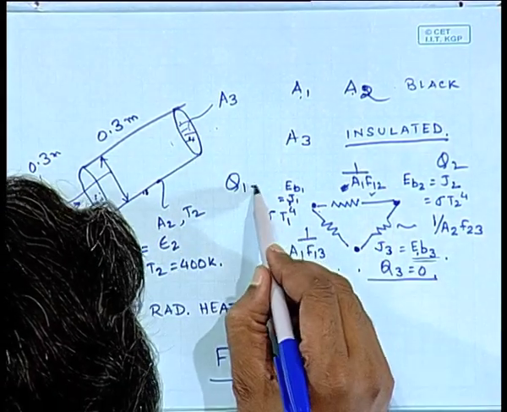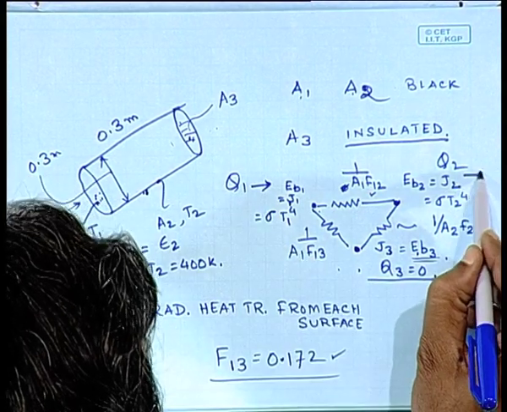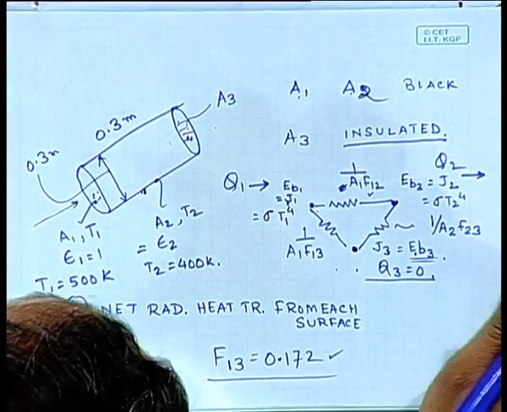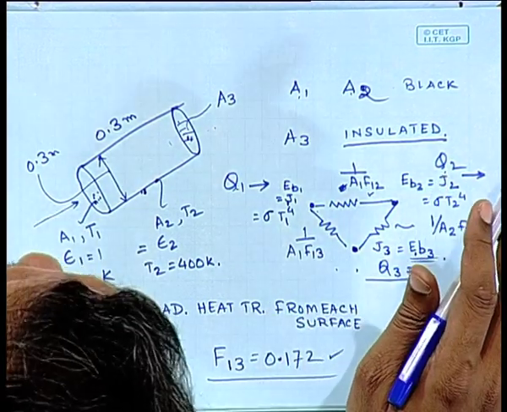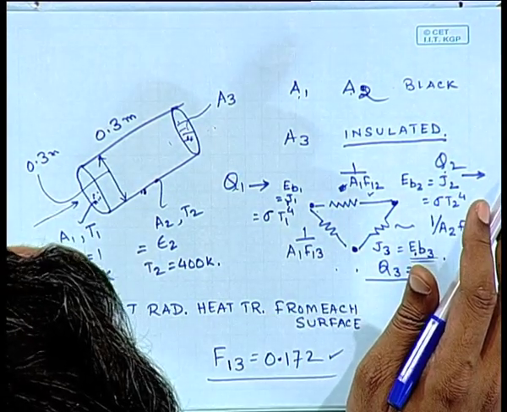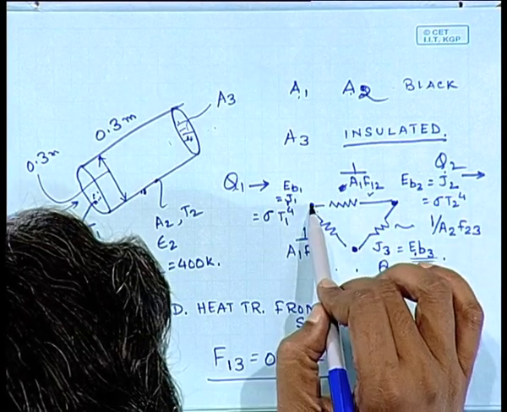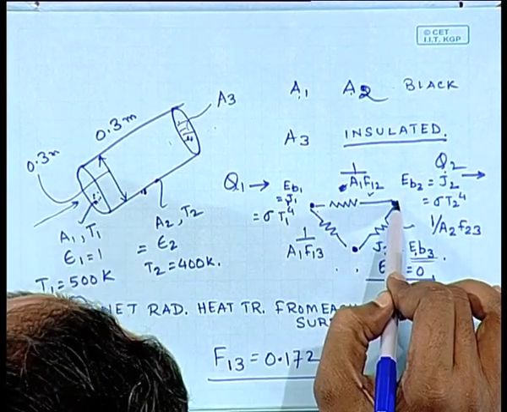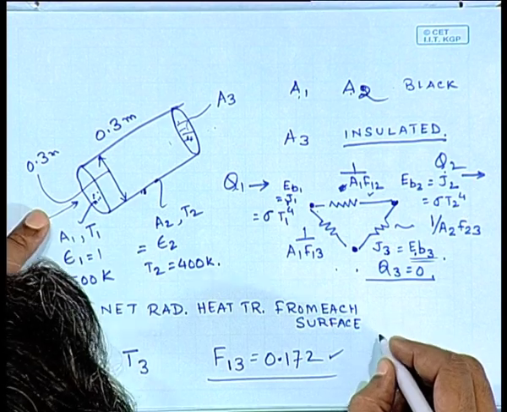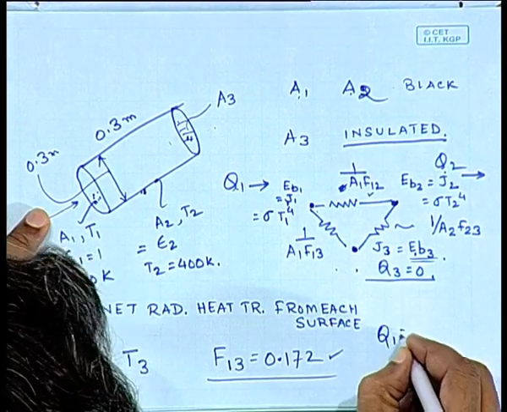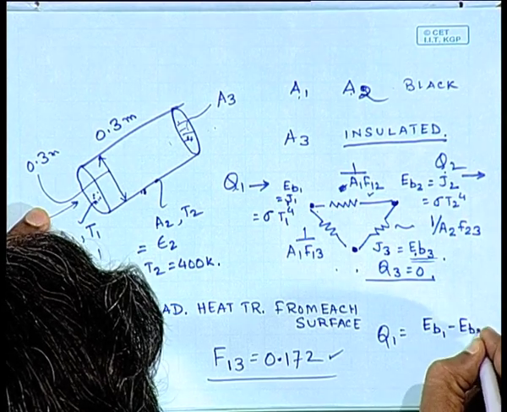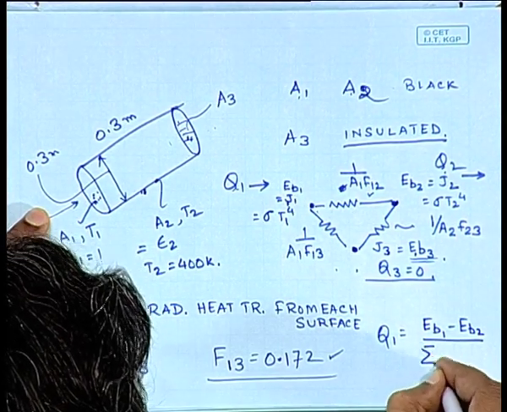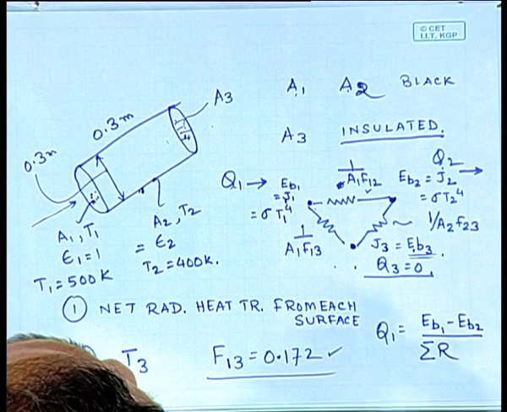So your Q1 you are adding, Q2 you are taking out. All right. So the sum of Q1 and Q2 at steady state would be equal to 0. Because you have Eb1 and Eb2 at different temperatures, your Q1 would simply be equal to Eb1 minus Eb2 divided by the sum of all resistances.